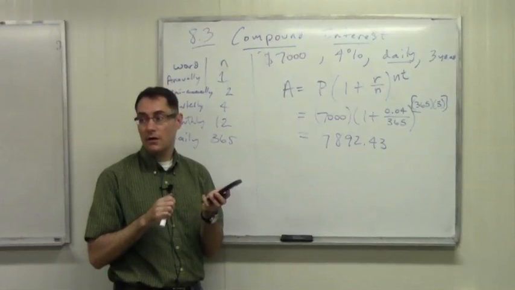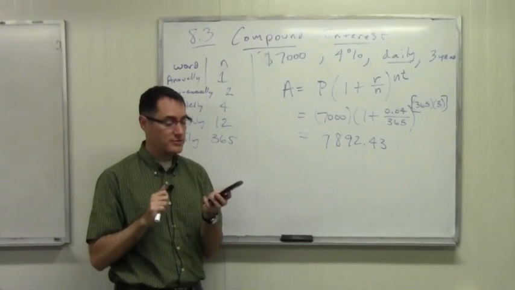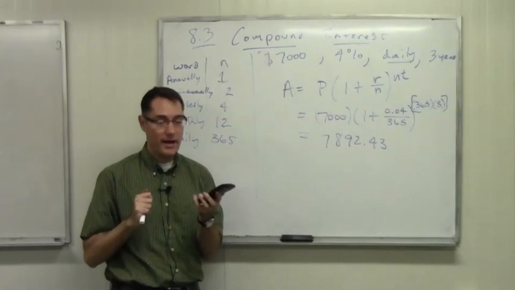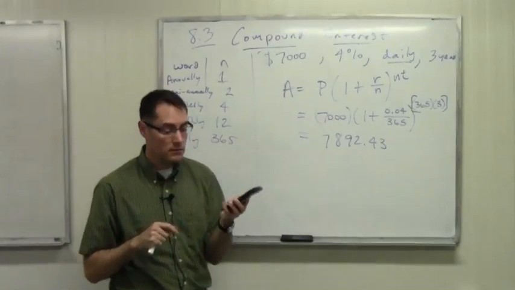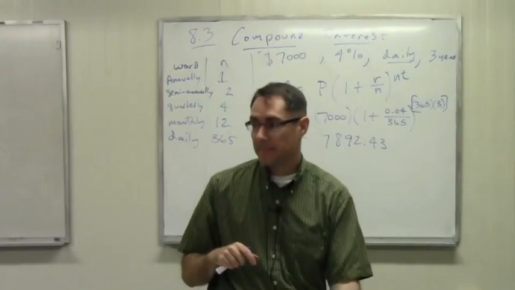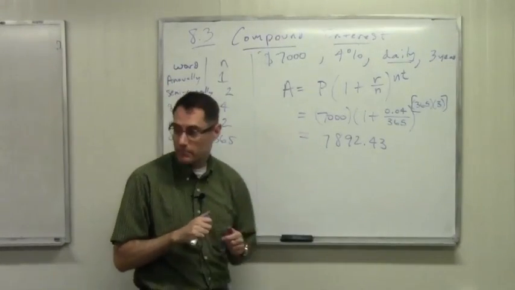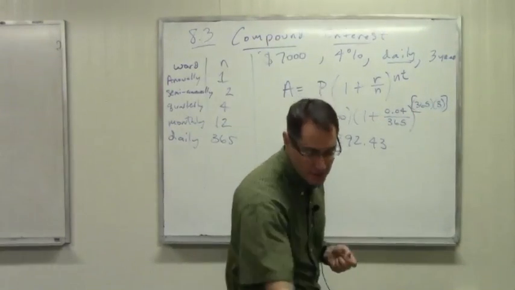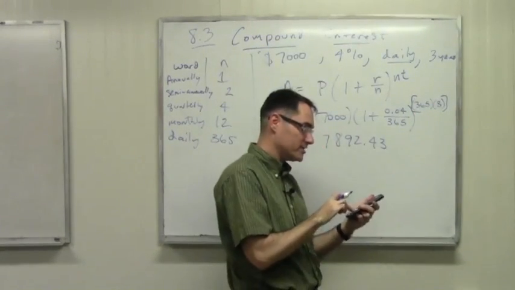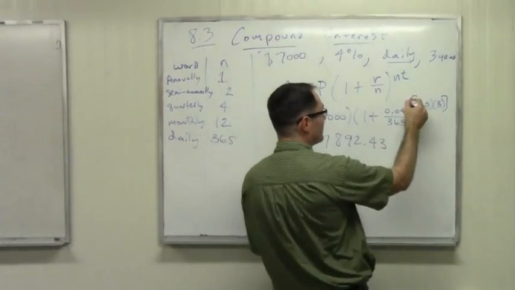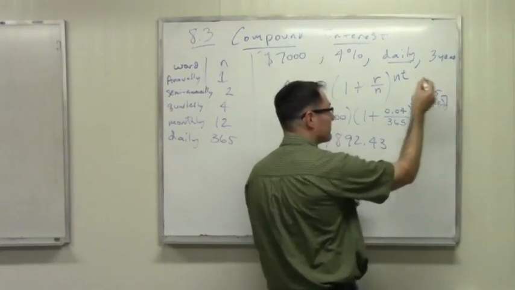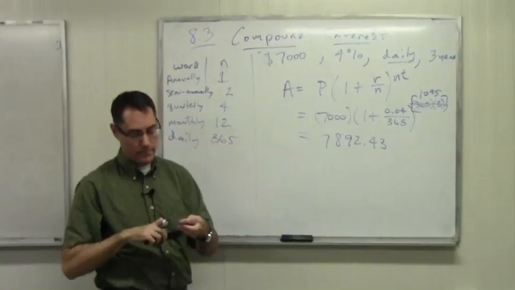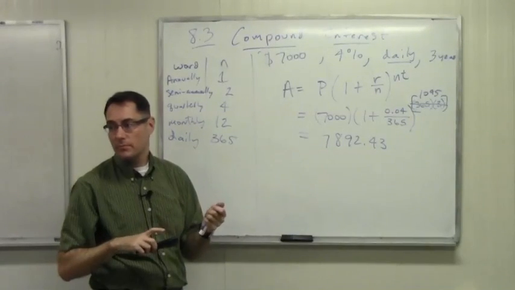Yeah, see, I was confused on this caret thing. That's okay, but now you know. Can you do 3 by 365 first? Sure. If you want to do that first, go right ahead. 365 times 3 is 1,095. Right, so then I would do everything out, and then I would put this 1,095 in parentheses.